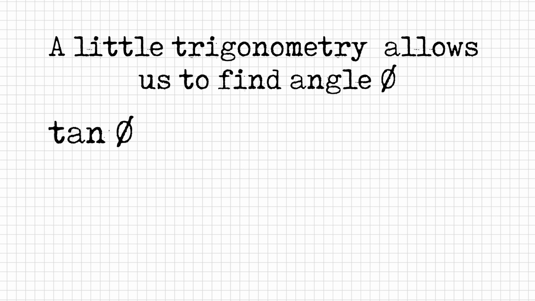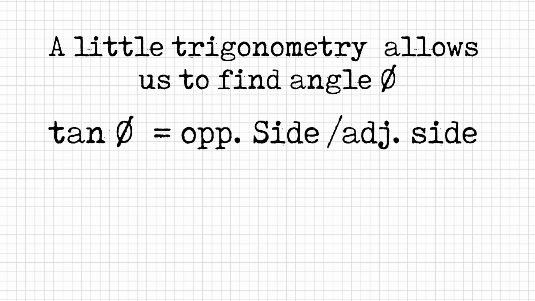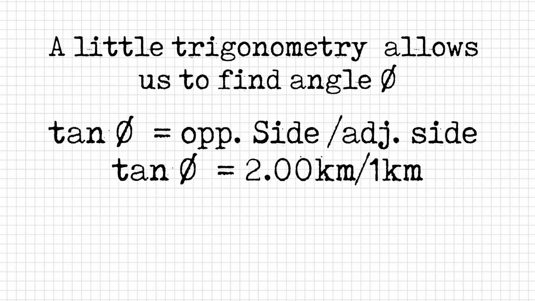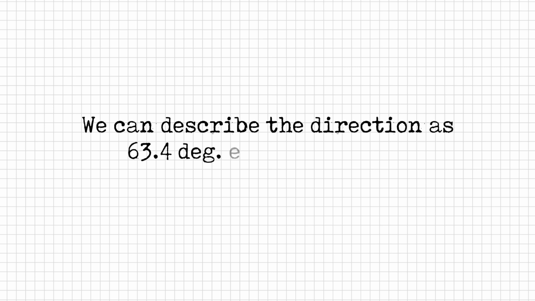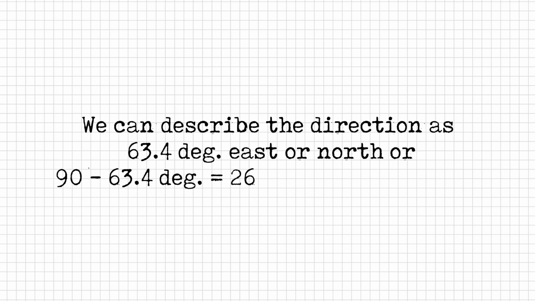Tan theta is equal to the opposite side over the adjacent side, where the opposite side is 2 kilometers and the adjacent side is 1 kilometer. Dividing the opposite side by the adjacent side, we get 63.4 degrees. We can describe the direction as 63.4 degrees east of north, or 90 degrees minus 63.4 degrees, which is equal to 26.6 degrees north of east.